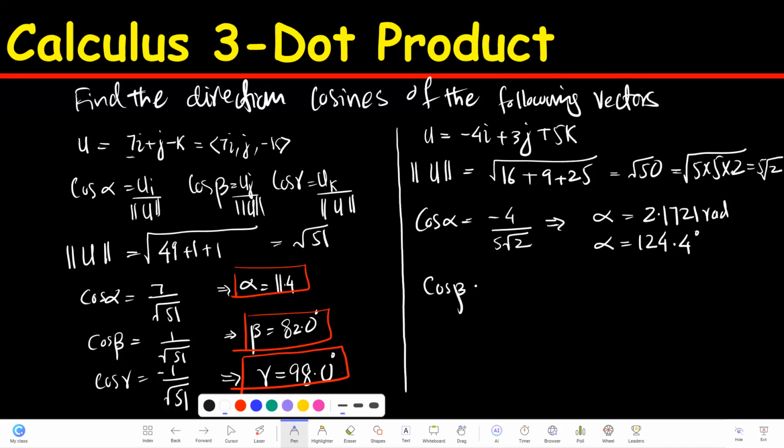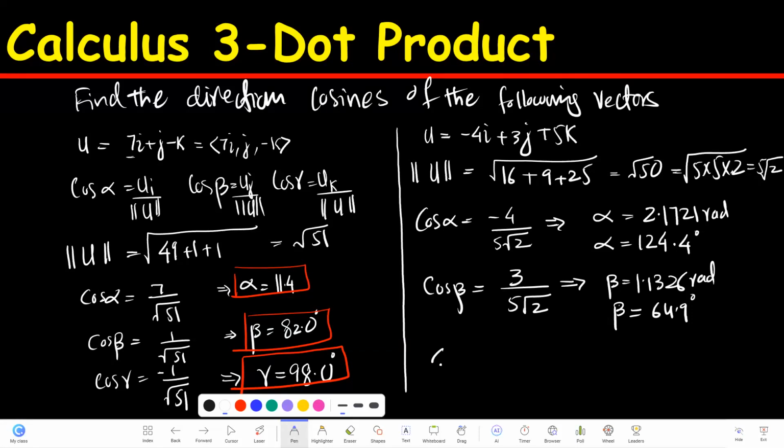Cosine beta equals 3 over 5 root 2. And if I solve, the beta here is going to be 1.1326 radians. And if I convert this beta into degrees, it's going to be 64.9 degrees.